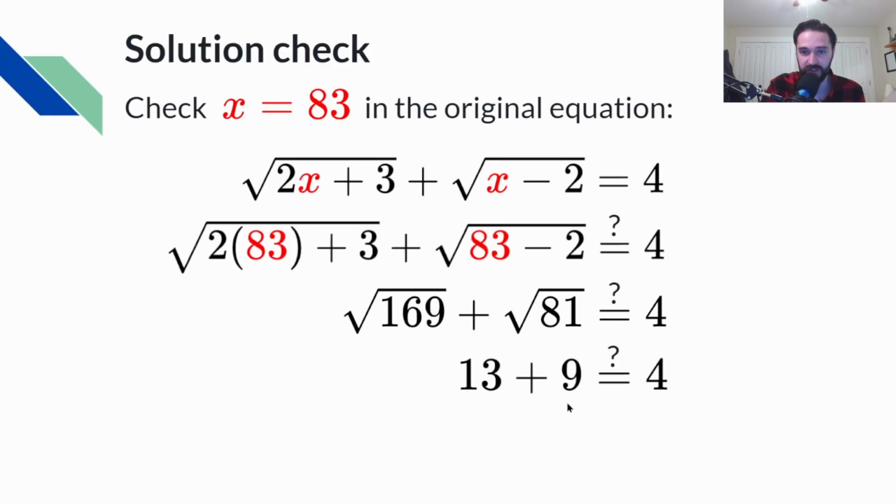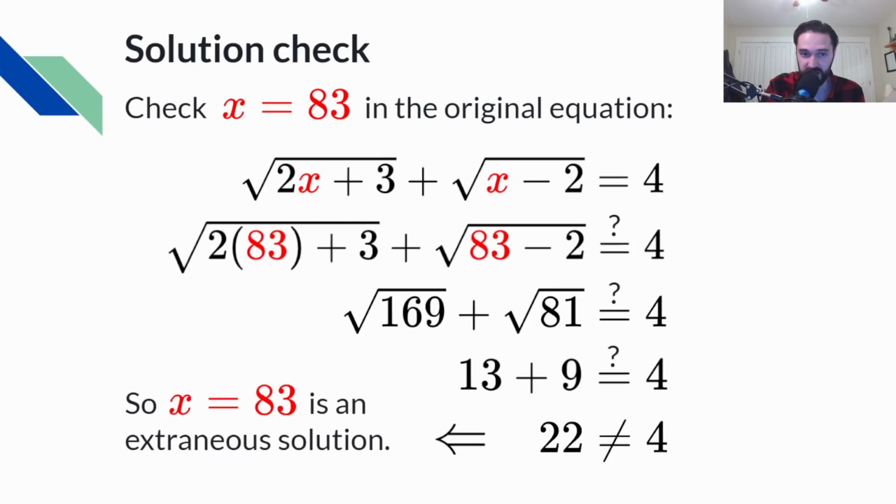So we get 13 plus 9 on the left-hand side, which is equal to 22. So 22 does not equal 4. We're getting a false equation here, which means that x equals 83 is an extraneous solution. So there's only one solution to the original equation, and that's x equals 3.